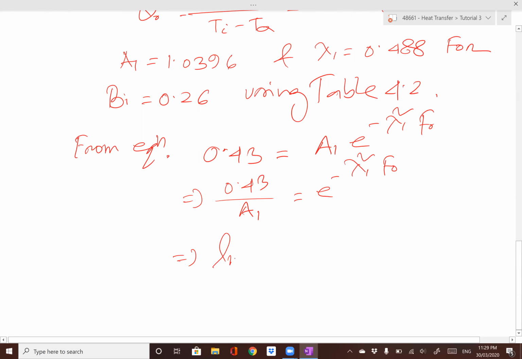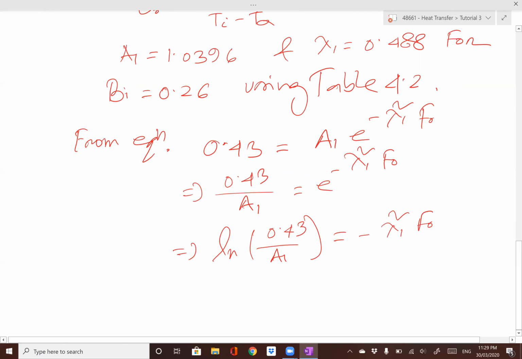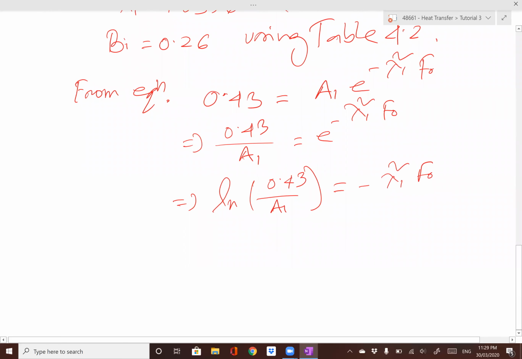Then if I take the log on both sides, F naught will be 1 over lambda 1 square, negative, times log of 0.43 over A1.